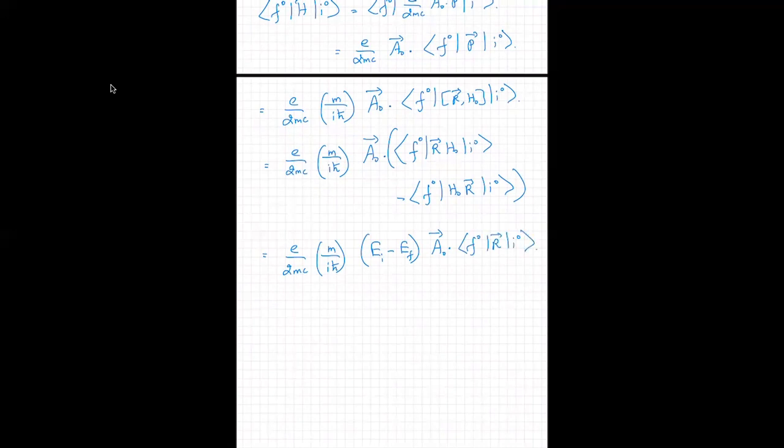Now, E_I minus E_F is basically h bar omega, which is the energy of the photon that is causing this transition between the initial and the final states. So I can write this as e over 2mc, m over i h bar times h bar omega, A0 dot F0 r I0.